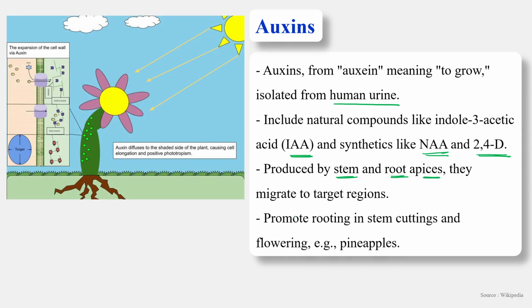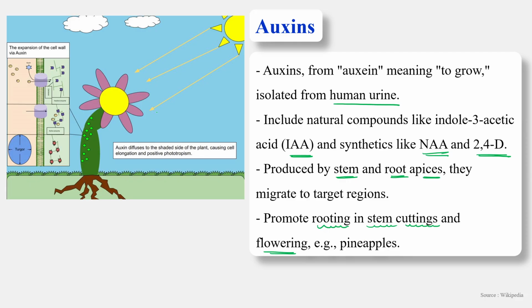So what is the role of auxin? It promotes rooting in stem cuttings. Some plants we grow from cuttings, like rose. Auxins promote rooting in stem cuttings and flowering, like in pineapples.